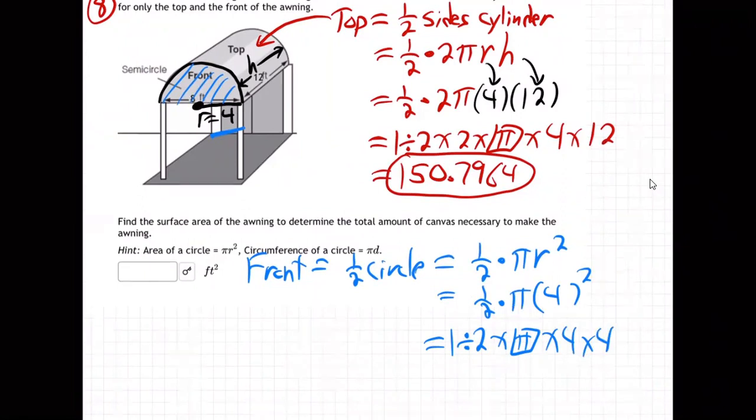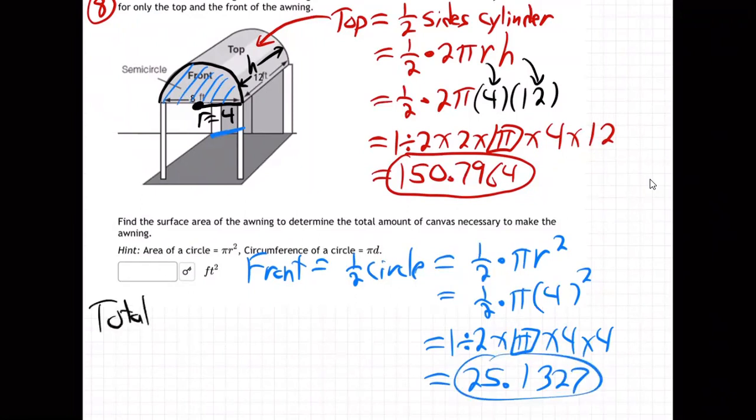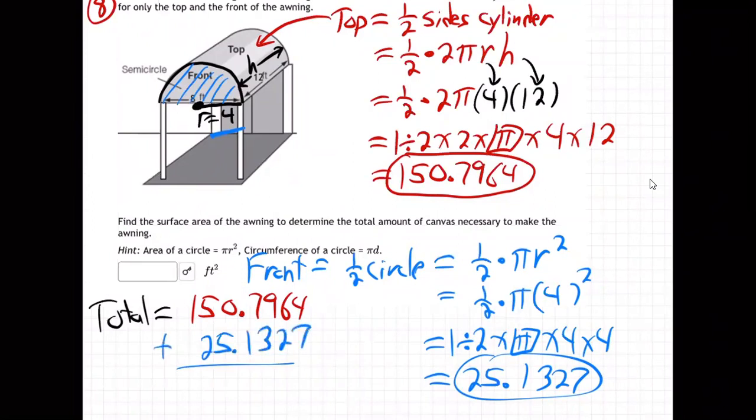I'm getting 25.1327. And then you just add those up. The total surface area is going to be the 150.7964 added with the 25.1327 added up.